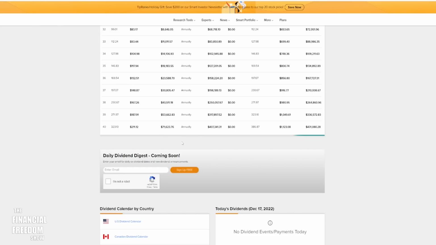That is actually higher than what JEPI was. Your dividends are going to be paying out quite a bit more than what JEPI was at the end, which is pretty interesting based on the fact that the value is lower. Your total share count is going to be 323 shares.